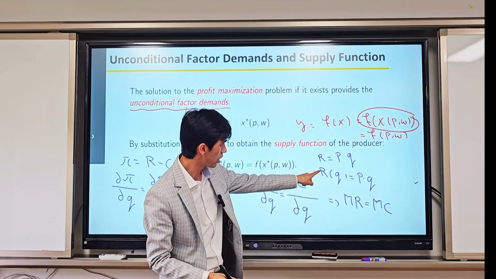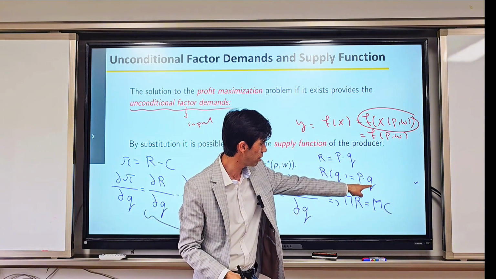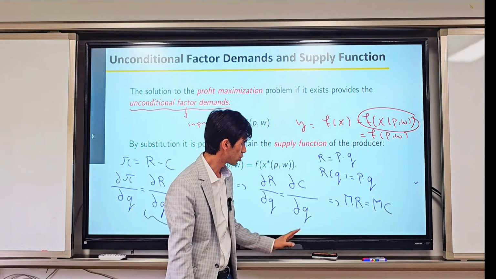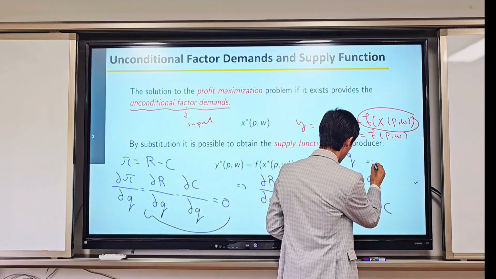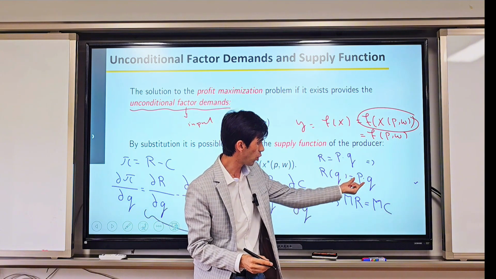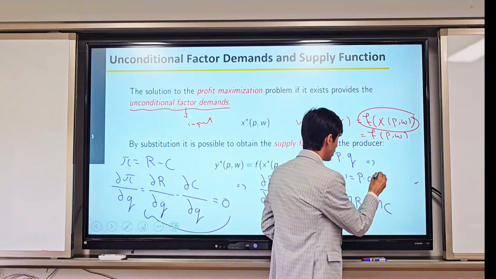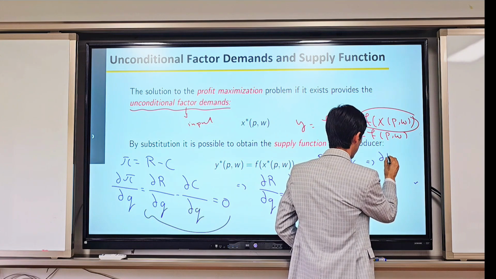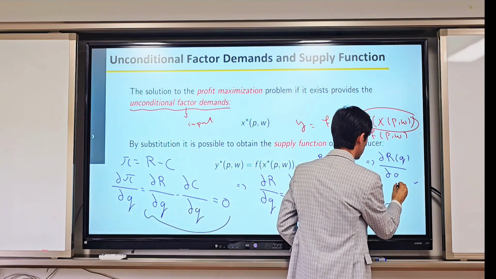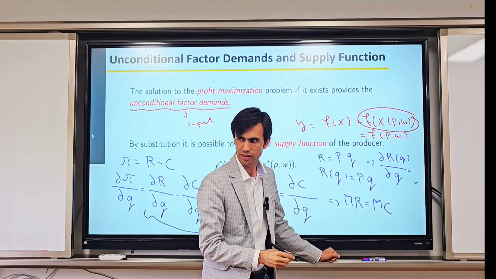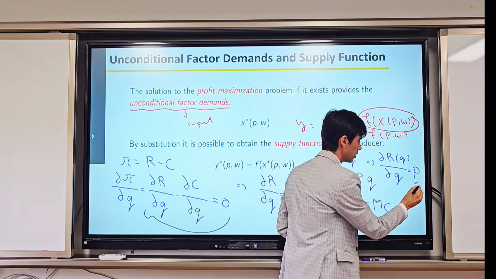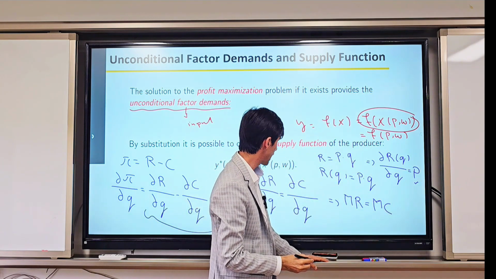So we can write down revenue as a function of Q, which is equal to P multiplied by Q. So now, if we take the derivative of this revenue with respect to Q, what will remain? If you take the derivative of this part with respect to Q, what will remain? P.